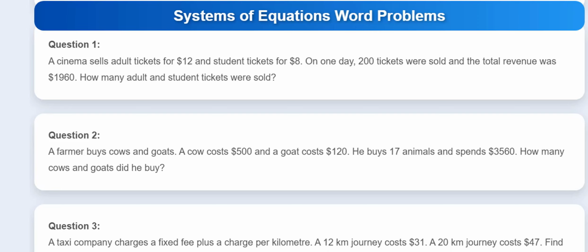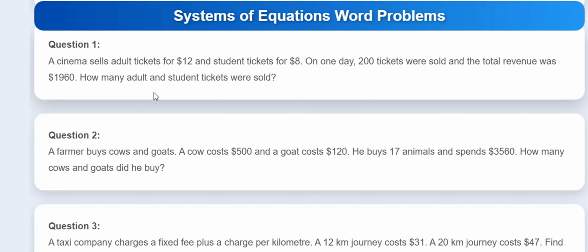So on my board, I can just say, let the adult tickets be X and the student tickets be Y, so that these two unknowns will help me form the simultaneous equations from the question.